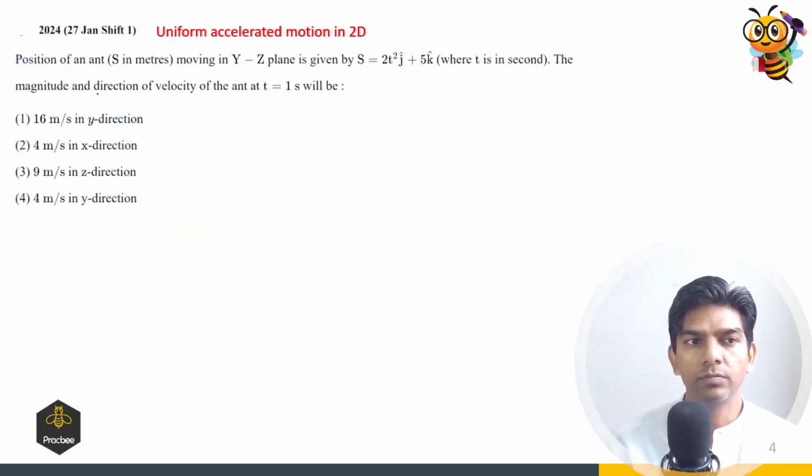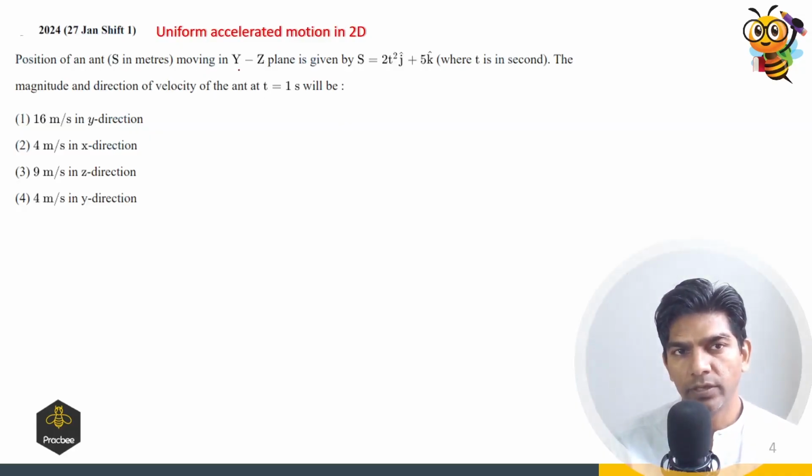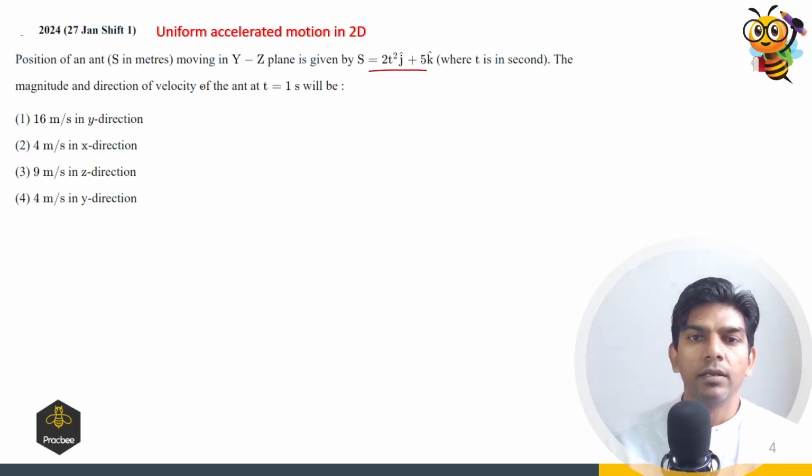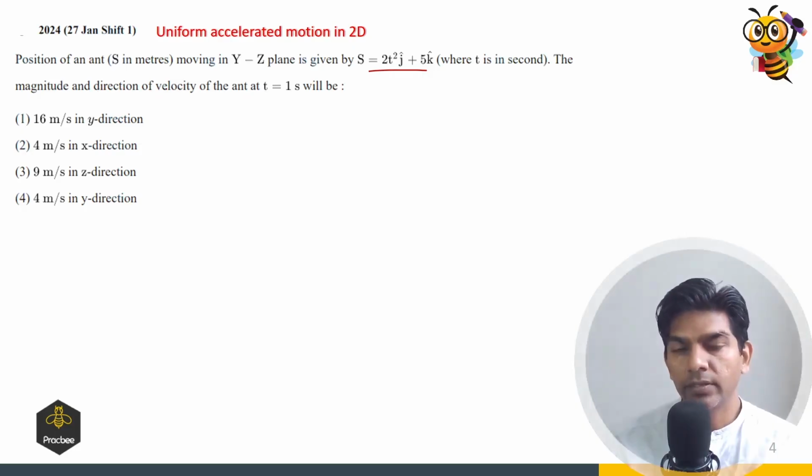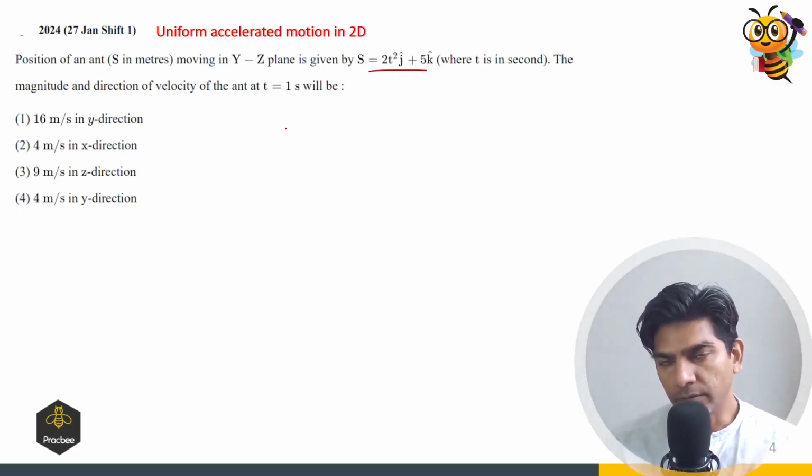Now let us see this question. The position of an ant, which is s in meters, moving in the yz plane, is given by this equation: s equals 2t square j cap plus 5 k cap, where time is in seconds. Find the magnitude and the direction of the velocity of the ant after 1 second.